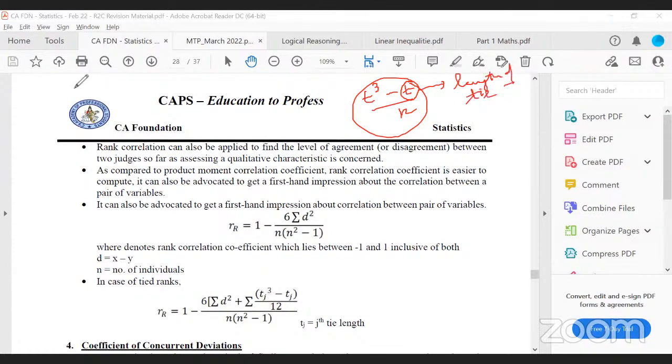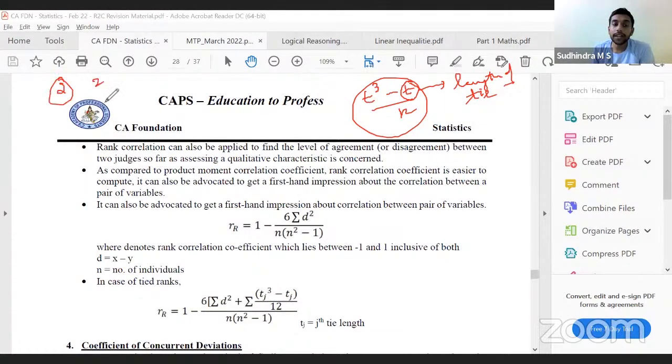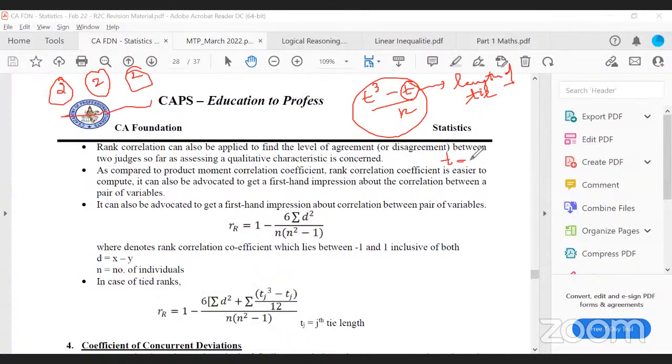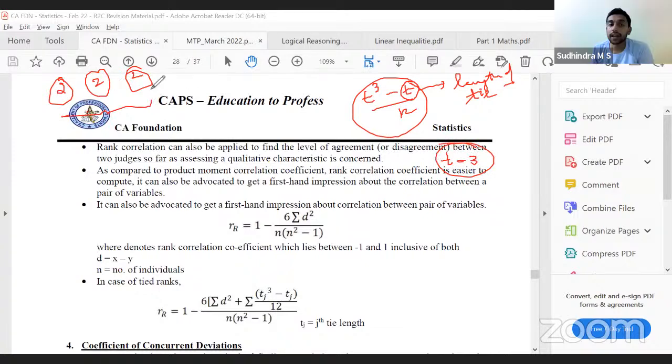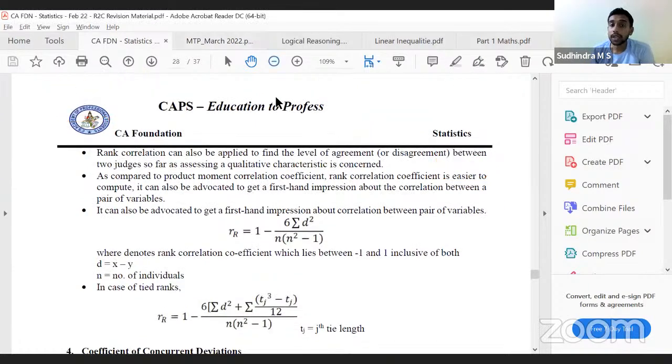So if there is a tie at rank 2, and rank 2 has been allocated to 3 people, what is the value of t? It is 3, because the length of the tie is 3. So that has to be considered when there is a tied rank. In such a case, it would be 3 cube minus 3 divided by 12.